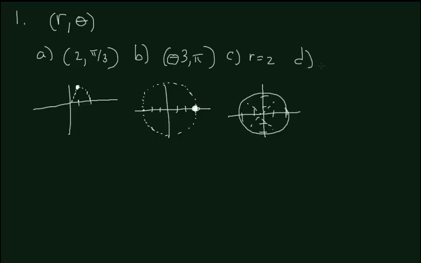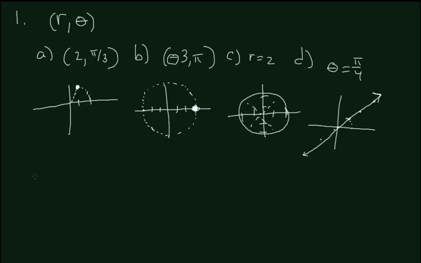D, this one is theta equals pi over 4. To graph this one, no matter what r is, theta will be pi over 4. So we go over pi over 4 and go out 1 unit. Pi over 4, go out 2 units, 3 units, -1, -3. And it makes the line y equals x.